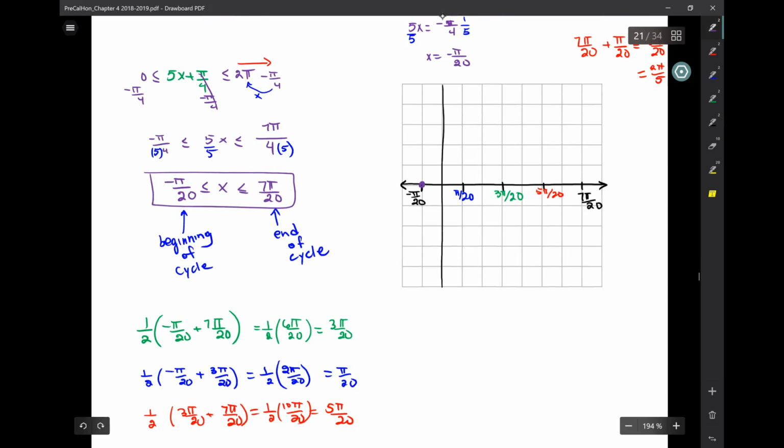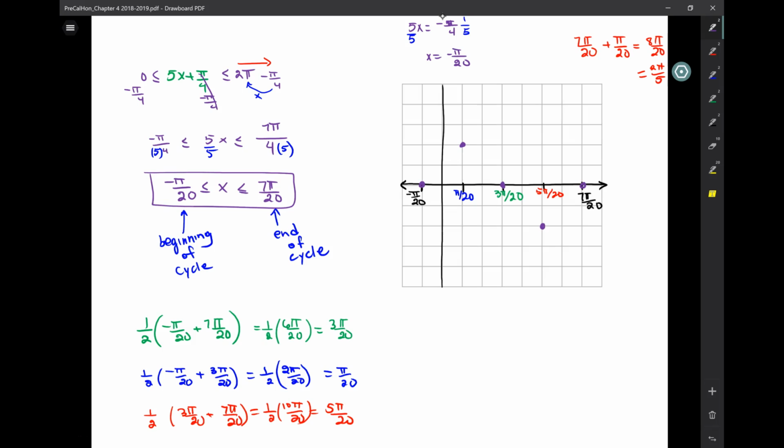Look, 0, maximum, 0, minimum, 0. So you see how it oscillates?